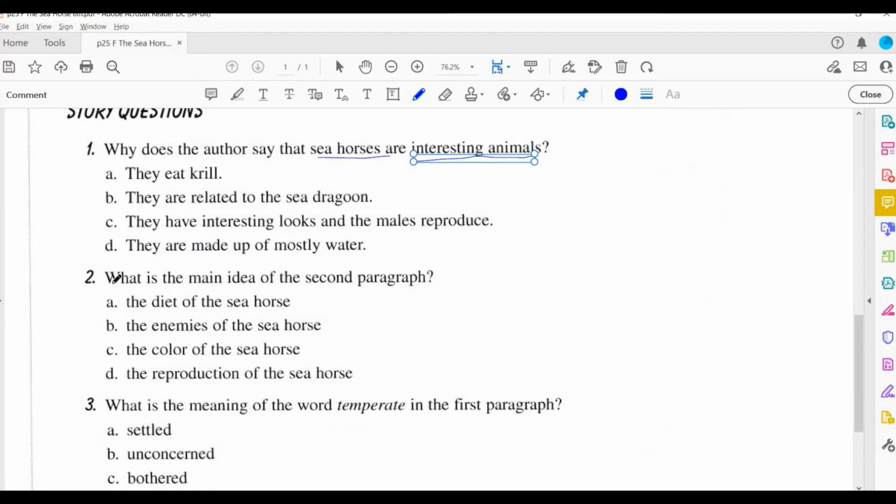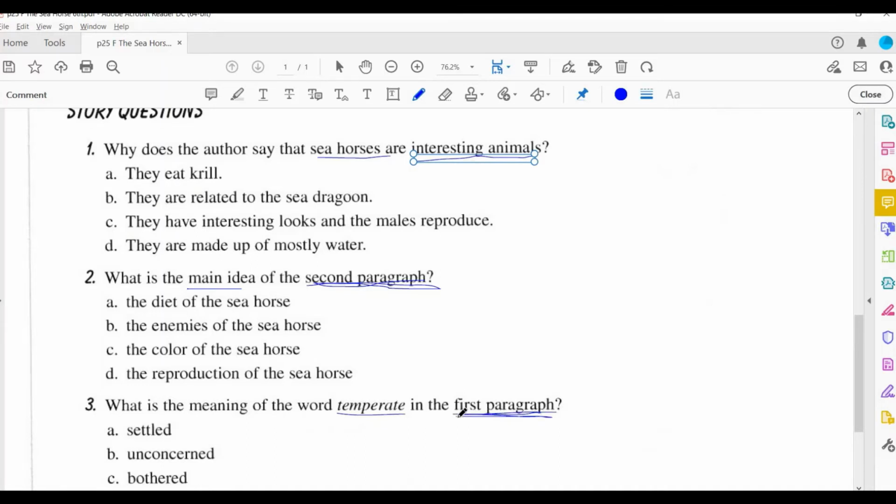Number 2, what is the main idea of the second paragraph? So we know we're going to look at that second paragraph to find the main idea. Number 3, what is the meaning of the word temperate in the first paragraph?